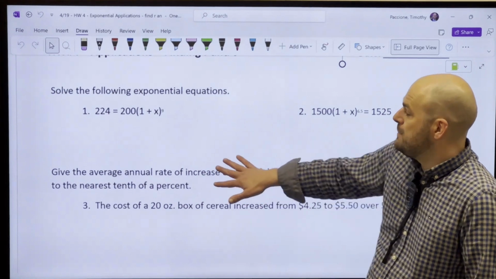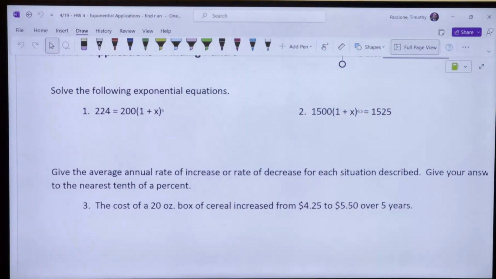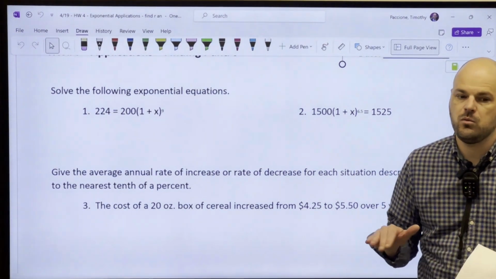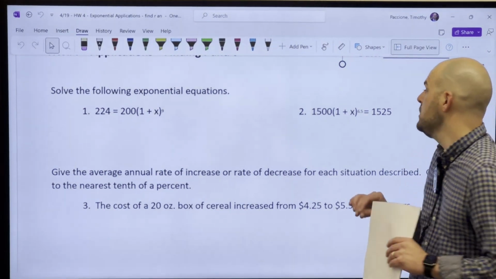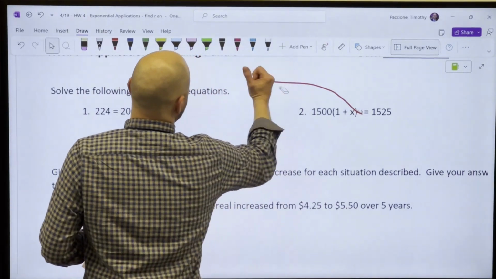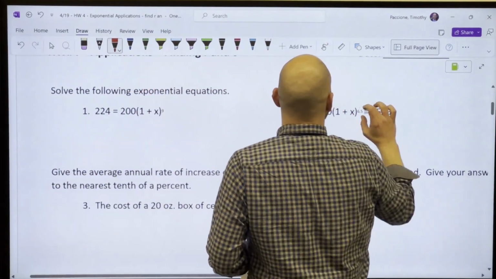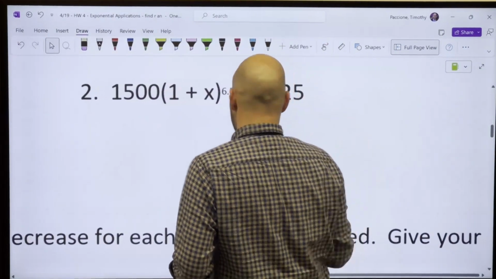So, anybody want to see 1 or 2 before we just dive into the word problems? So one of the equations on their own, no word problem. Yes, no, 2? All right, 2. All right, so this is kind of written weird.